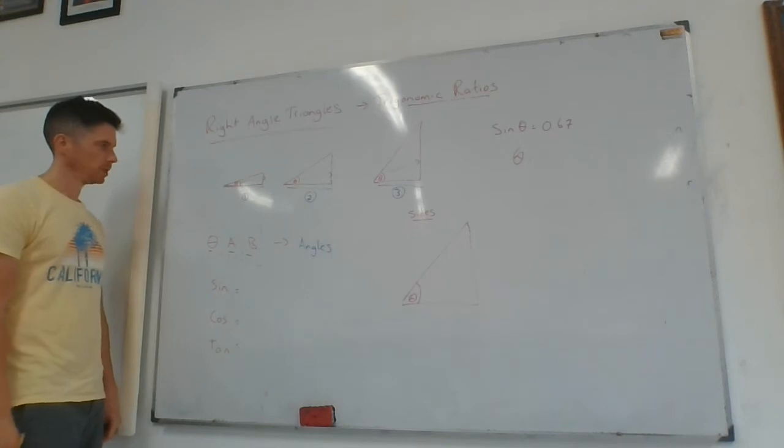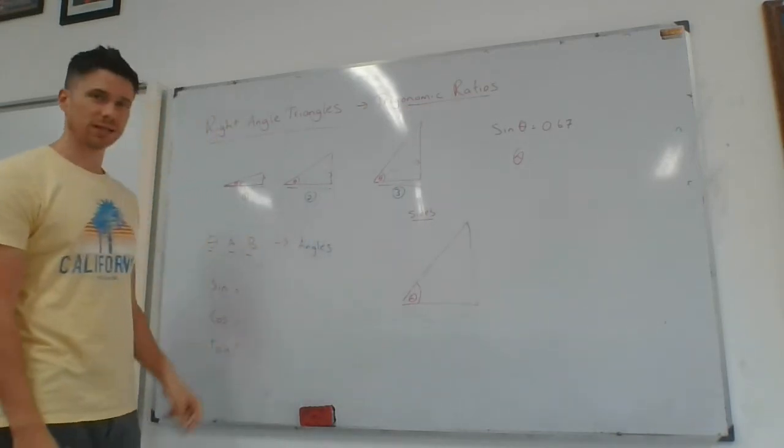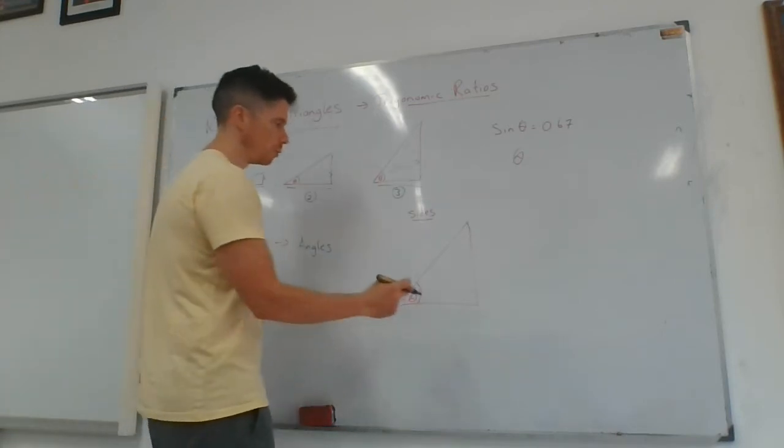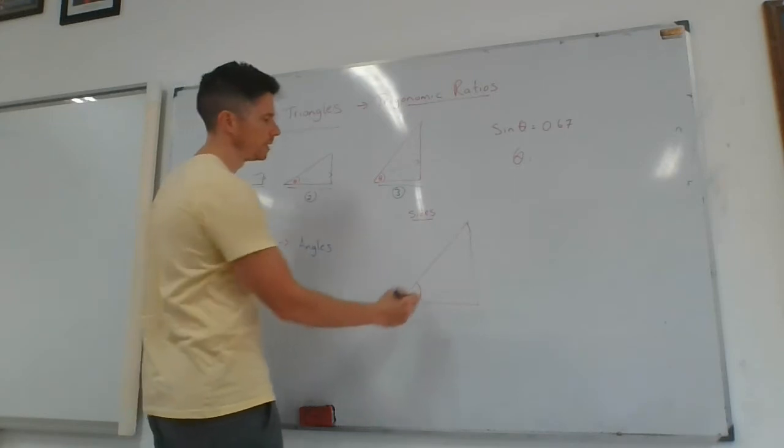Alright, so how does the triangle get labeled? So we can use these ratios. It's the same labels all the time. We look at the angle that the question addresses.